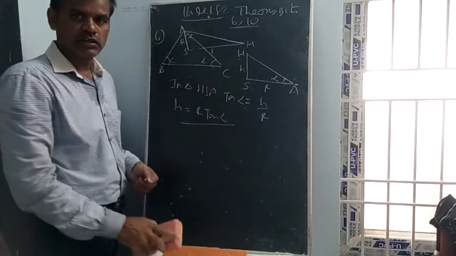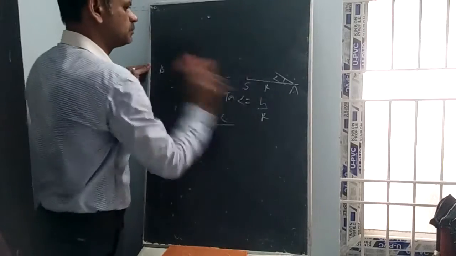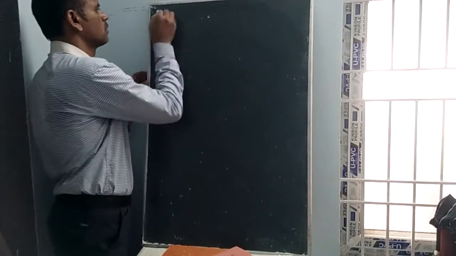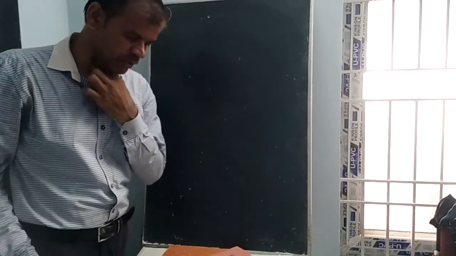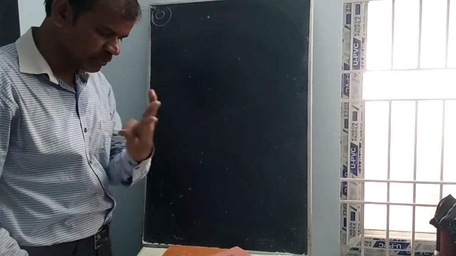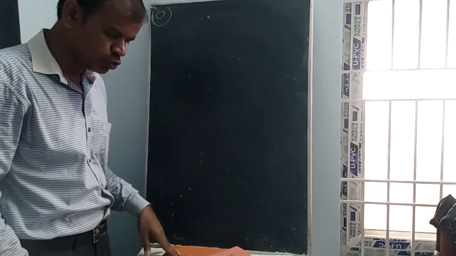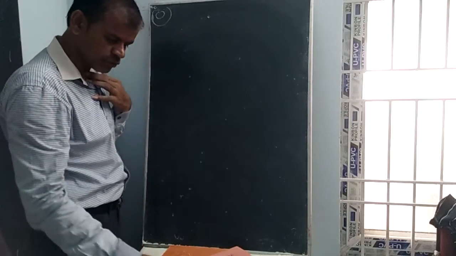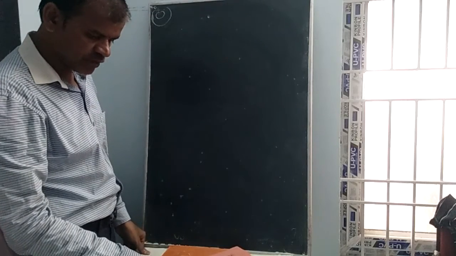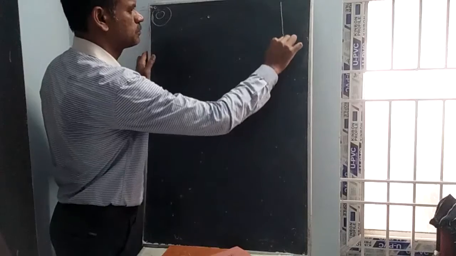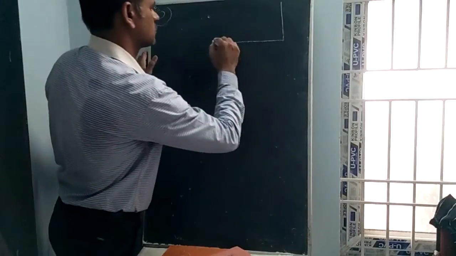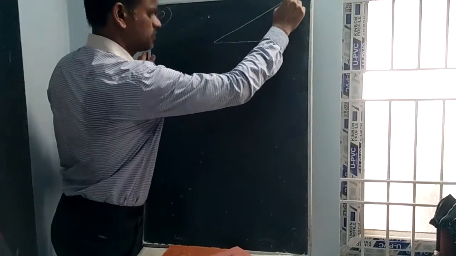Now see the 10th question. PQ is a vertical tower. A, B, C are 3 points in a horizontal line through Q. Q is the foot of the tower. If the angles of elevation of the top of the tower from A, B, C are alpha, beta, gamma respectively.